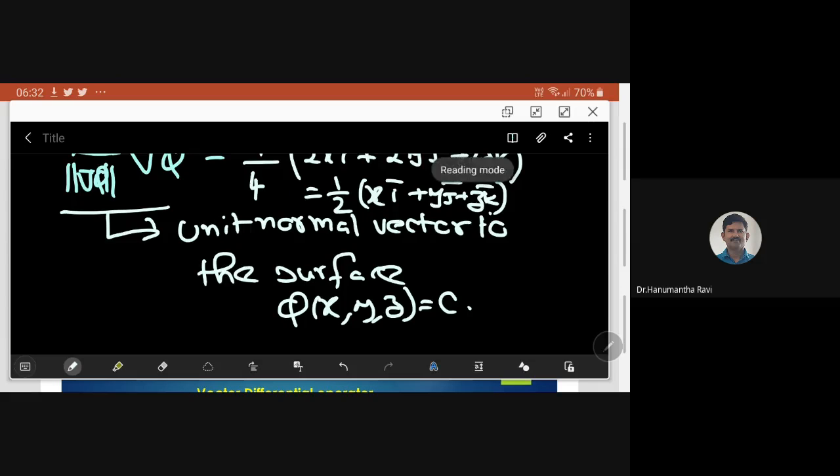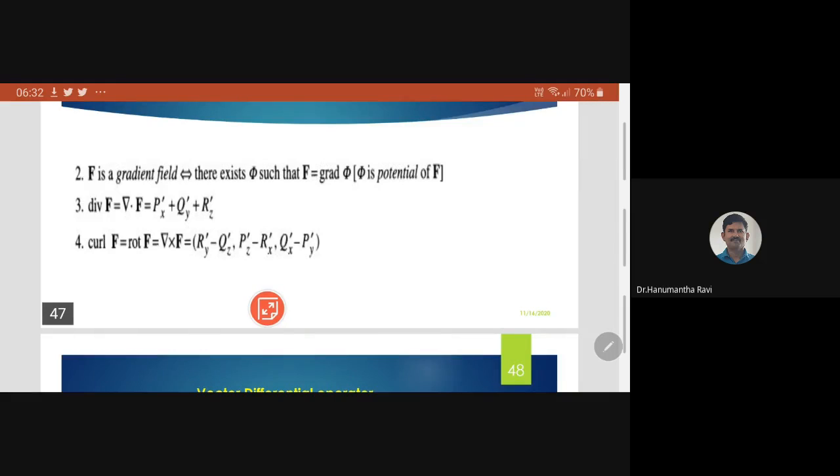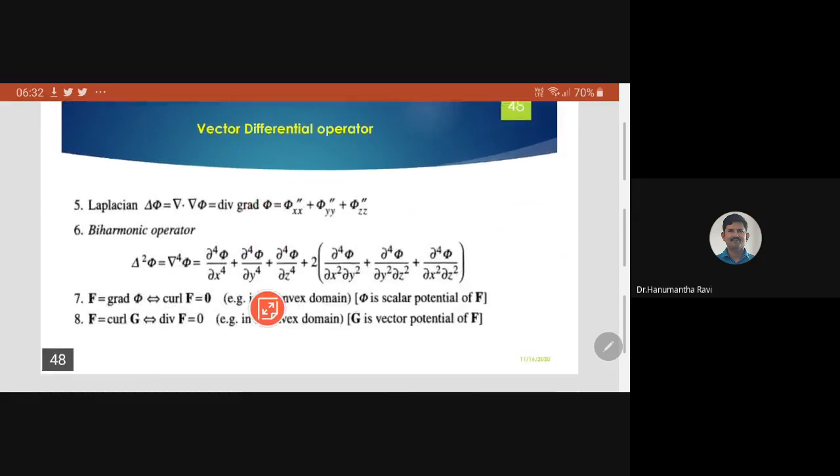And subsequently, the next topic is the directional derivative. From this also we can find some important questions. If you remember the formula, it is enough.